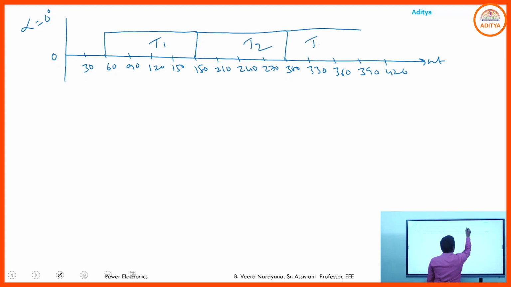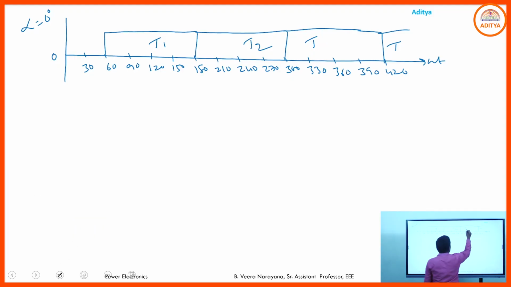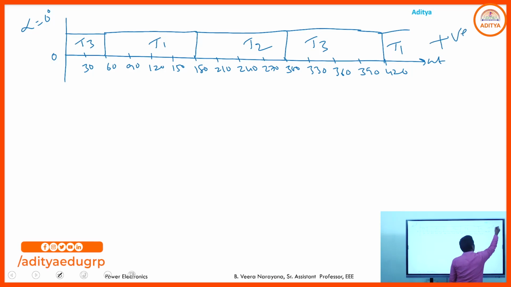Next T3, 300 to 420. Next T1, before that T3. Here these are the conduction periods of the positive group devices.